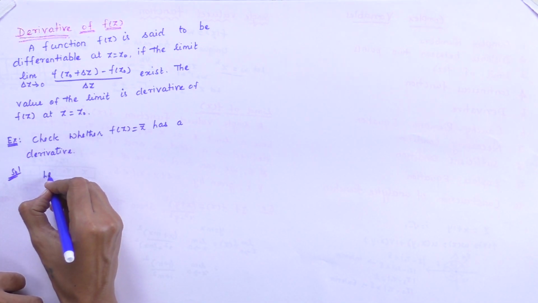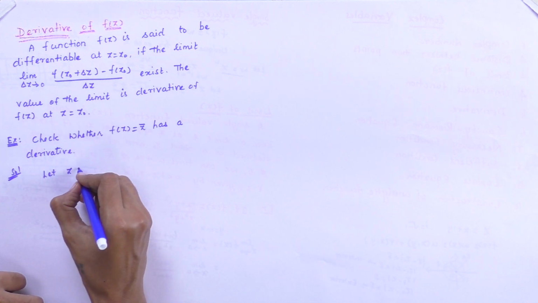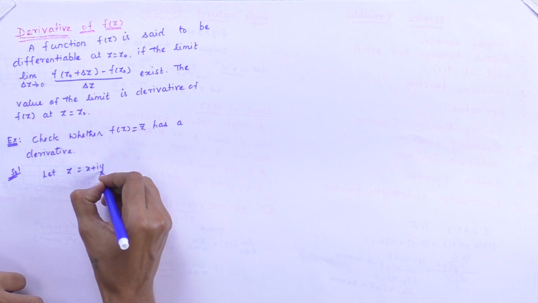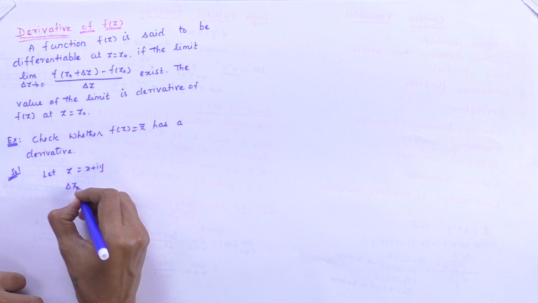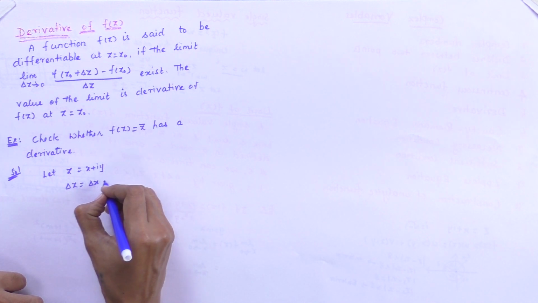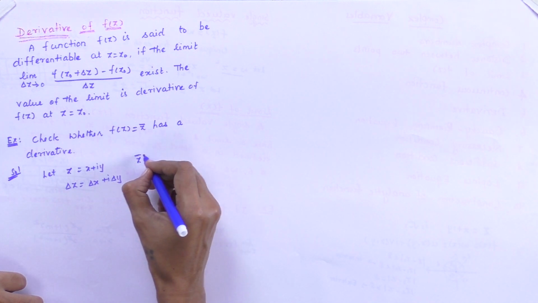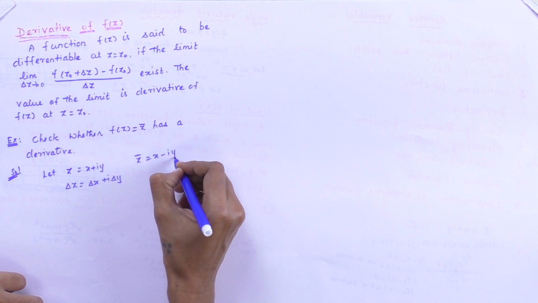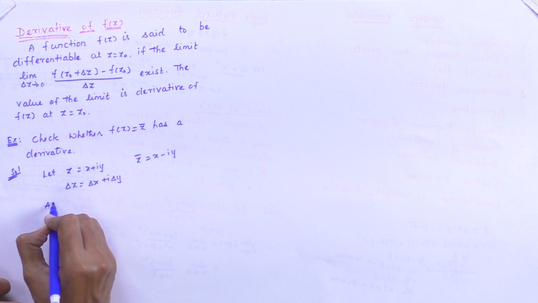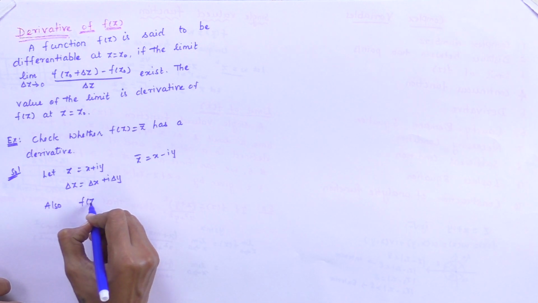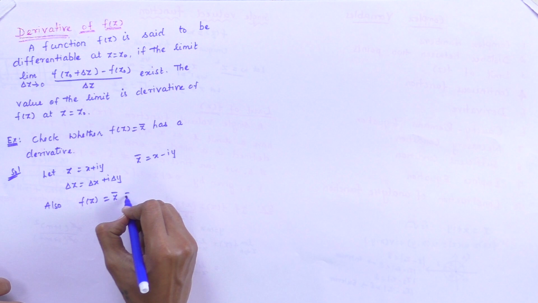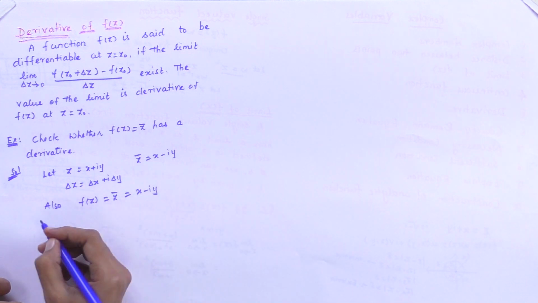Solution: let z equal to x plus iy and delta z equal to delta x plus i into delta y, and z bar is equal to x minus iy. Also f of z equal to z bar equal to x minus iy.